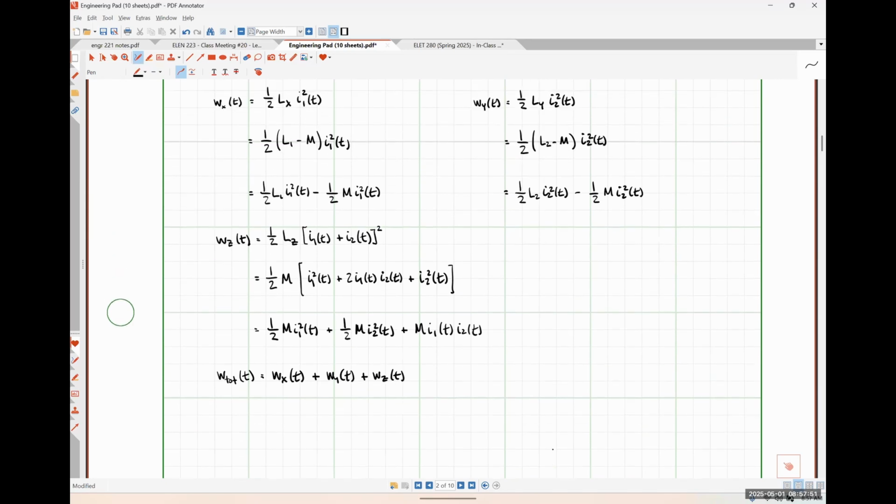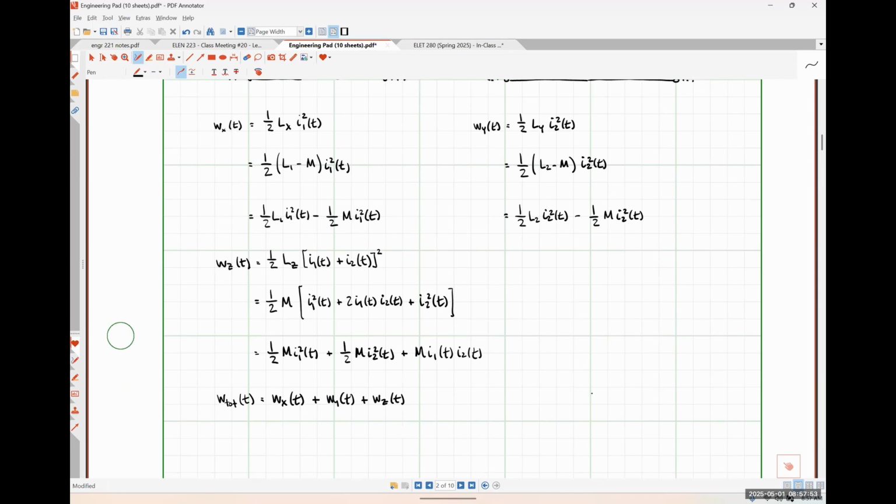And I want us to observe something real quick here. W_x has a factor of minus 1/2 M I1 squared. W_z has a factor of plus 1/2 M I1 squared. So those guys are going to wind up canceling each other out.